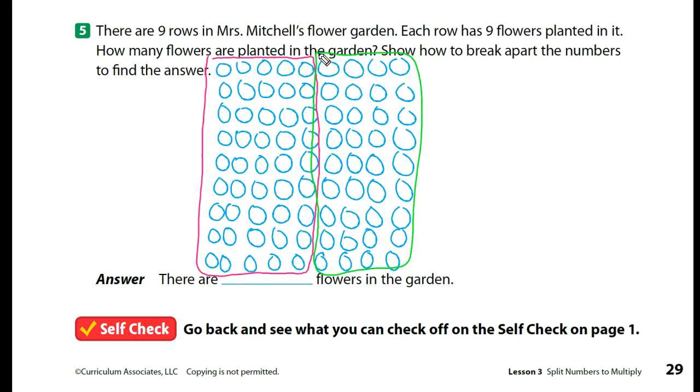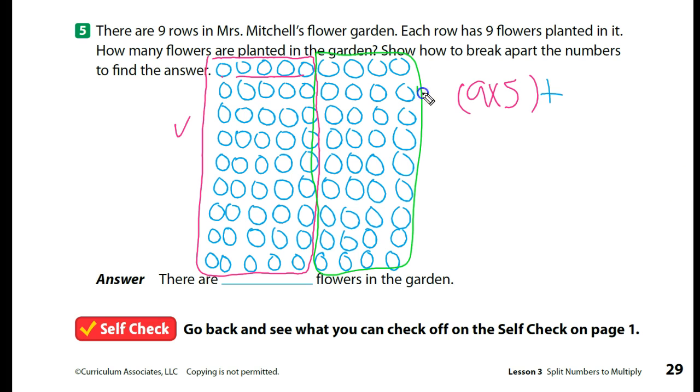Perfect. Now, what would be my multiplication sentence for this group right here? Again, how many rows do I have? 9. I have 9 rows. Rows are across like this, okay? And how many in each row? 5. Okay.